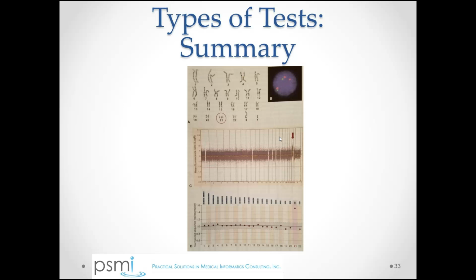And then what we see here in portion C would be one of these comparative genome hybridization arrays where we would have mixed patient DNA with control DNA, and we would see that it looks like there are extra copies of chromosome 21.